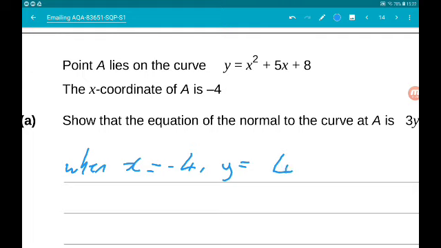Okay, next up, let's find the gradient of the curve. Now to do this, we need to differentiate.